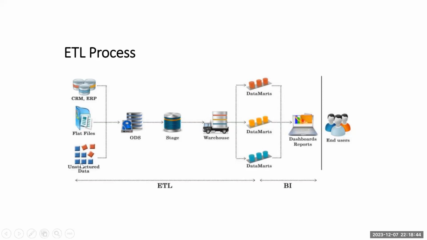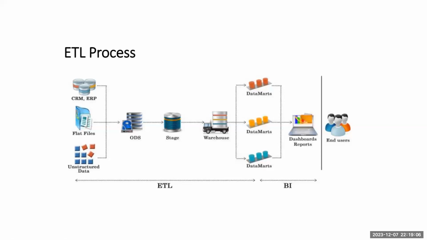That data we pull to the ODS, the operational data source. The ODS can be there or it cannot be there. Here in this example I have taken an ODS, but it is not necessary that it will be in your project. It can go directly to the staging area.